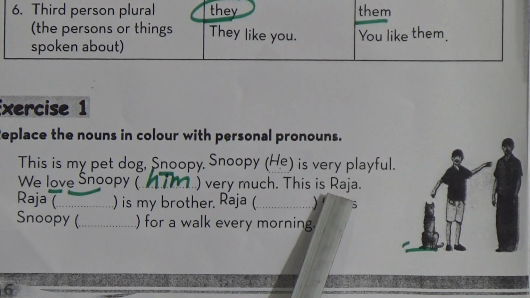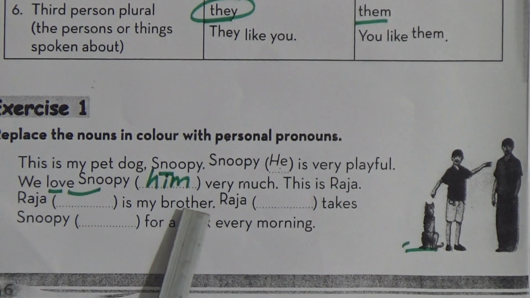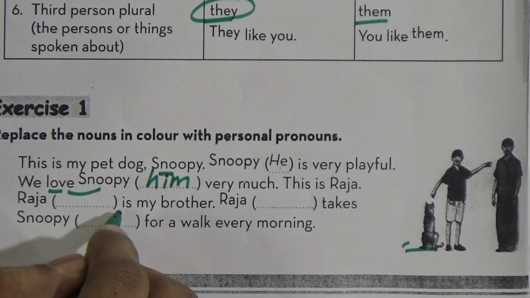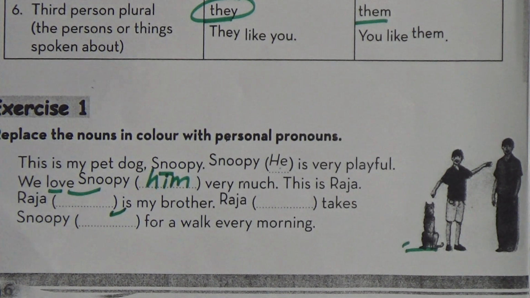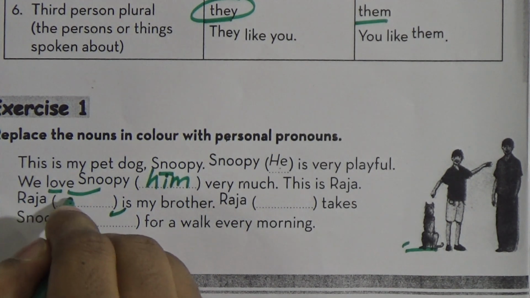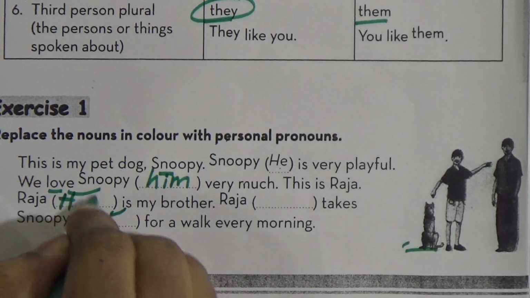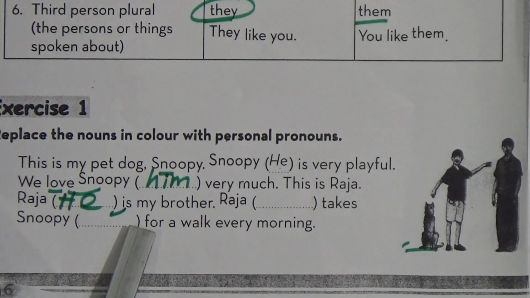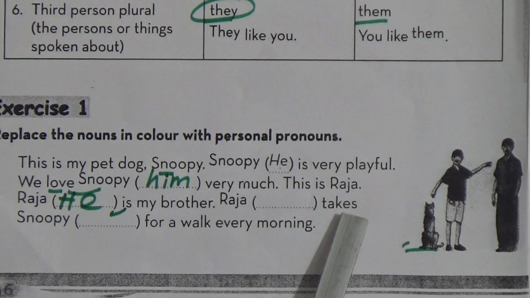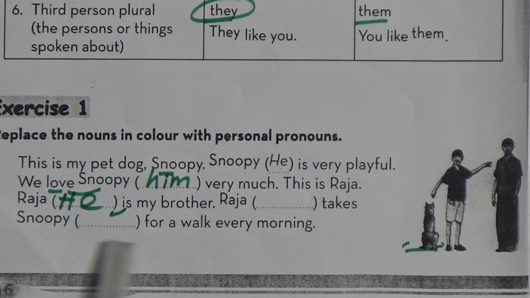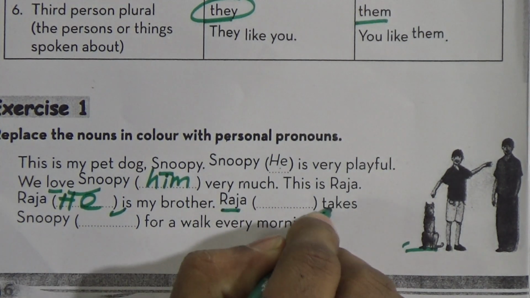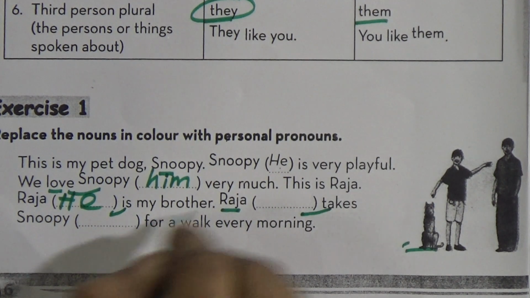This is Raja. Raja is my brother. So before the verb we have to use the subjective pronoun. So Raja is a boy. Instead of Raja we have to use he. He is my brother. Raja takes Snoopy for a walk every morning. So again Raja, before the verb we have to use the subjective form.